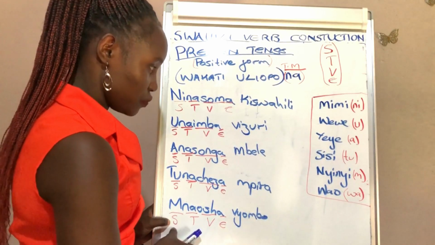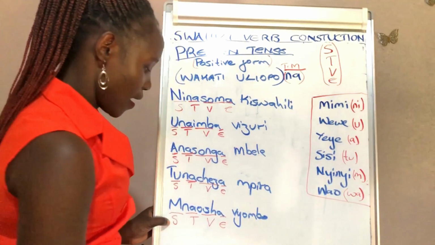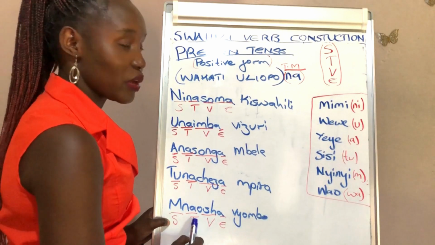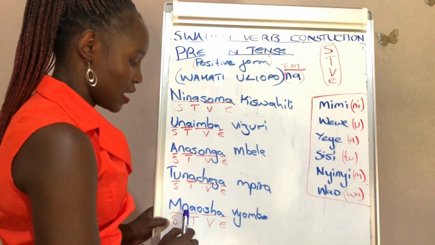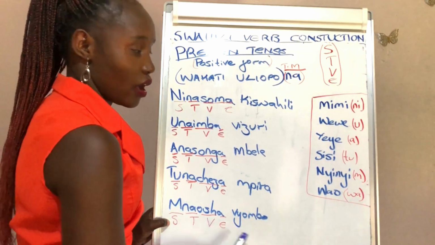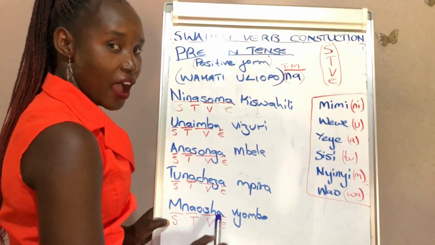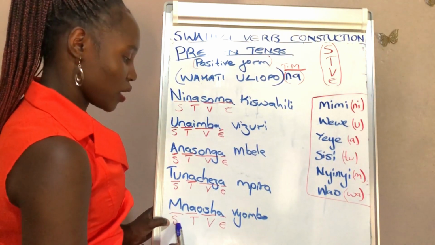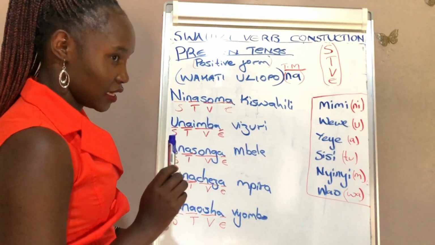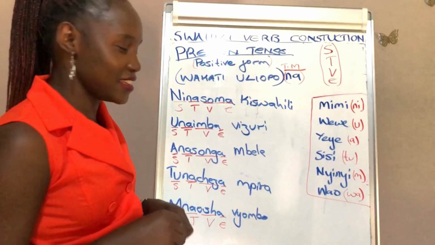M is our subject prefix for personal pronoun nyinyi, and then na is our tense marker for present tense. Na, present tense marker. Osh will be our verb root, and then a is our verb end. So mnaosha vyombo. You are washing the dishes.